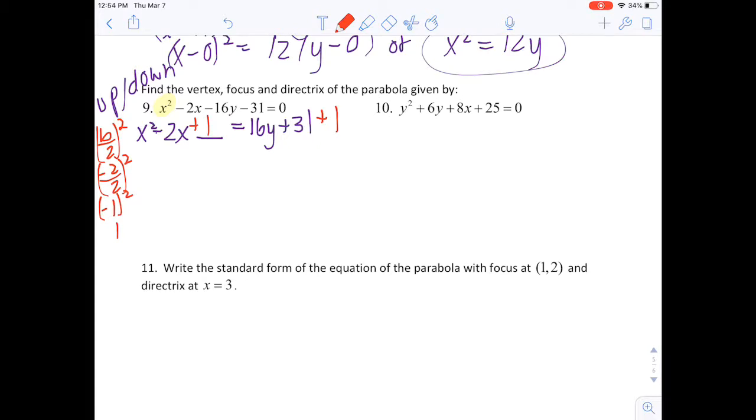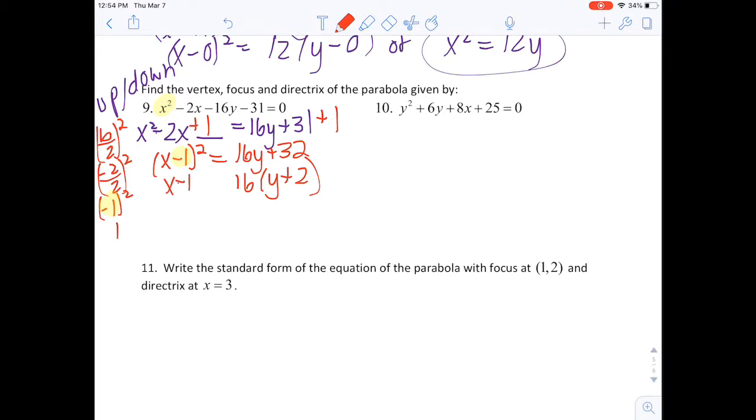And then that perfect square trinomial is going to be x minus 1 squared. Remember, whatever your b divided by 2 was, see how it's negative 1, it goes right in here. Okay, equals 16y plus 32. Now I want this to look in a nice form, so I want to pull out that 16 and keep the y plus 2 right there.